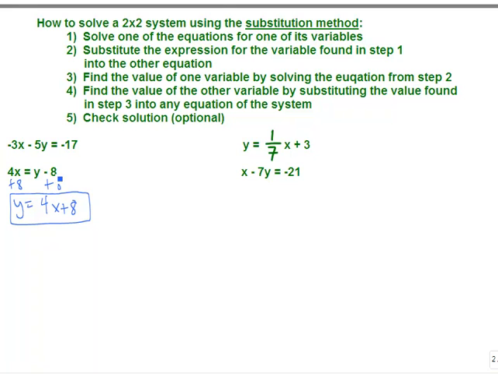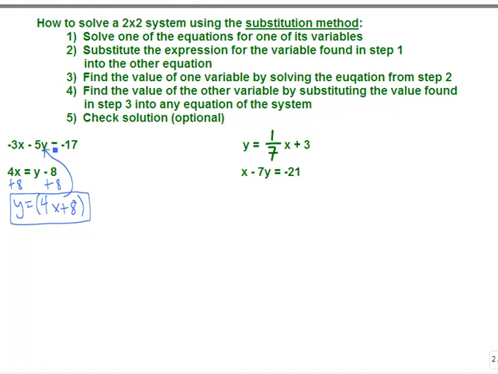And once you've solved one of your equations for either x or y, then step 2 is going to be to take that whole expression for what in this case y was equal to and substitute it in for y into the first equation, the equation you haven't used yet. And I'm going to want to wrap this in parentheses so that I substitute it in correctly.